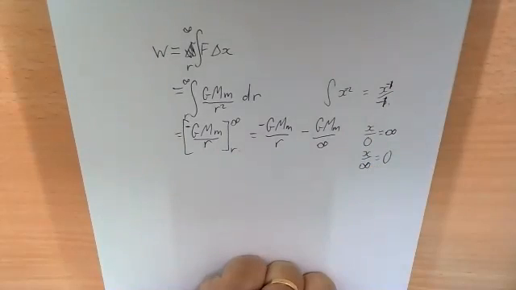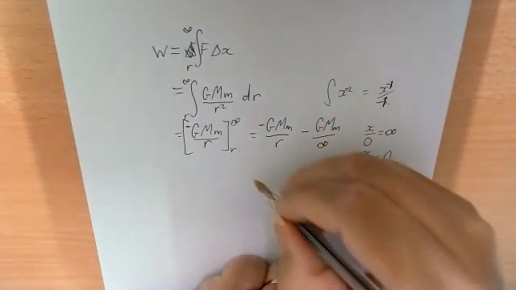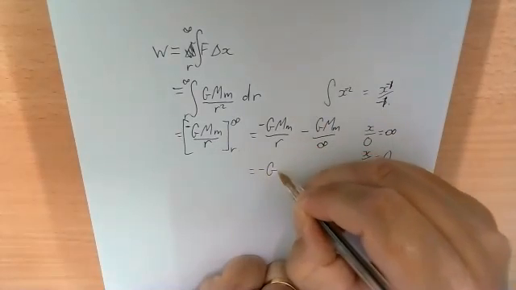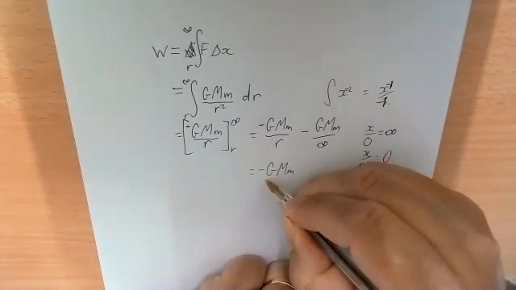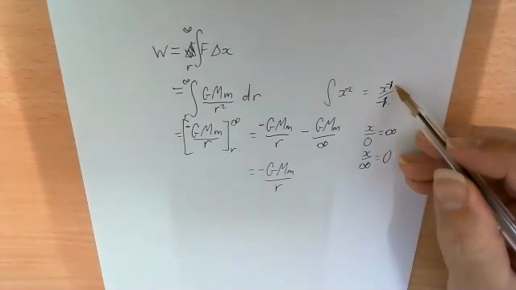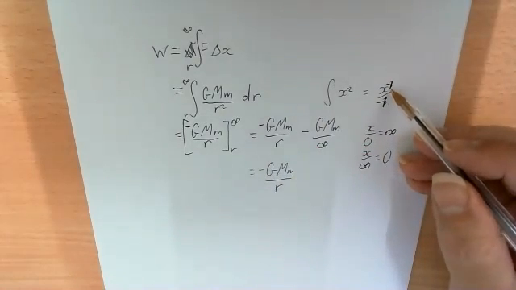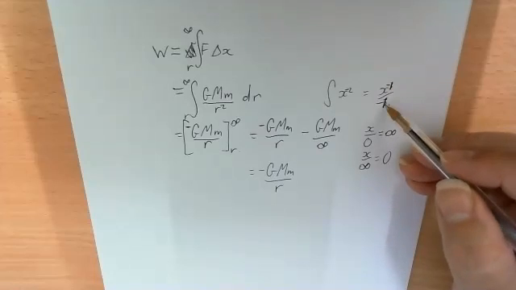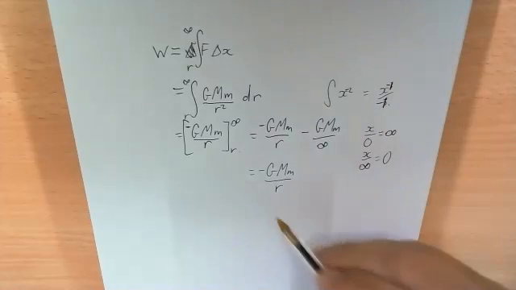So this expression here is equal to 0. So we end up with minus big G big M little m over r. It's a minus because the power has gone from -2 to -1, and then divided by the same number.